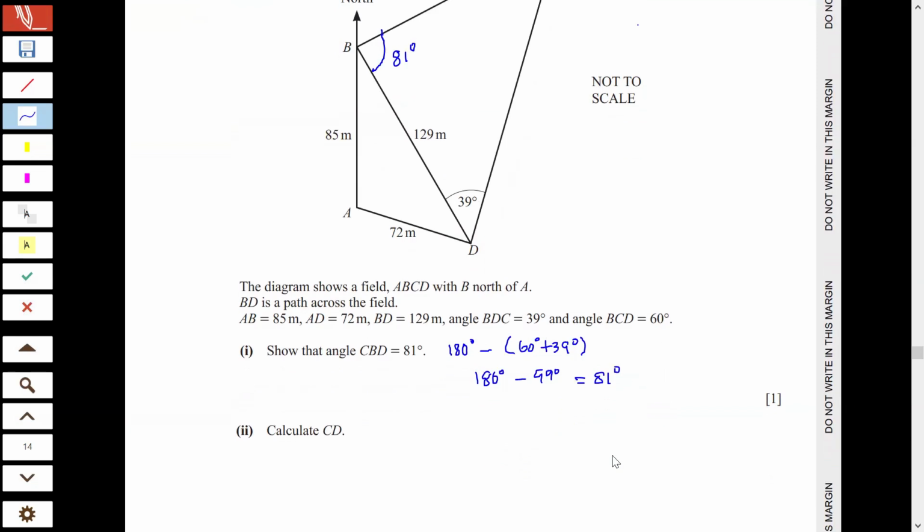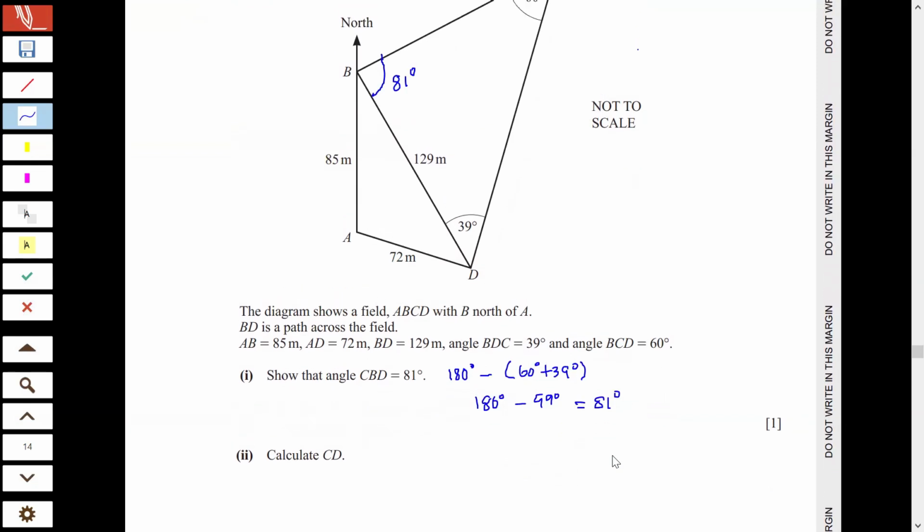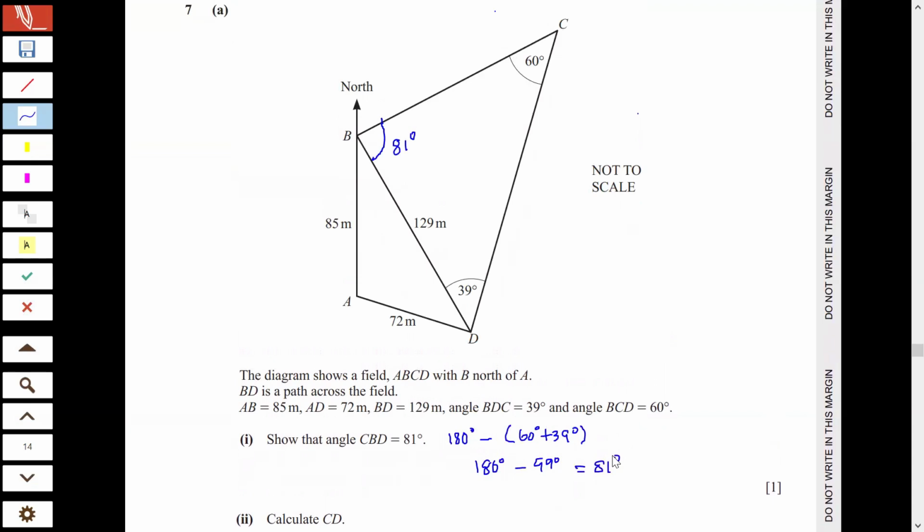The next question says calculate CD. To calculate CD from the diagram, we can apply the sine rule. I label this side as small letter b, and this opposite side as small letter c. The side c is given and the angle C is given.